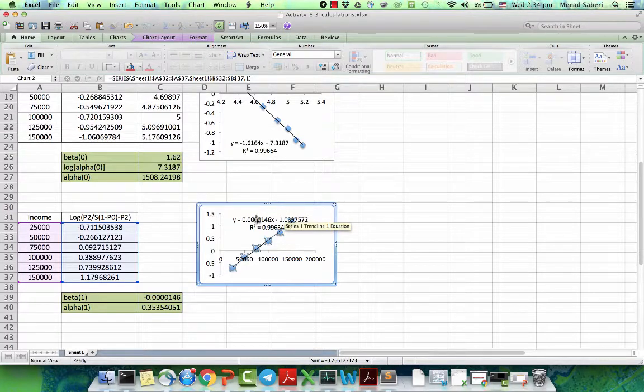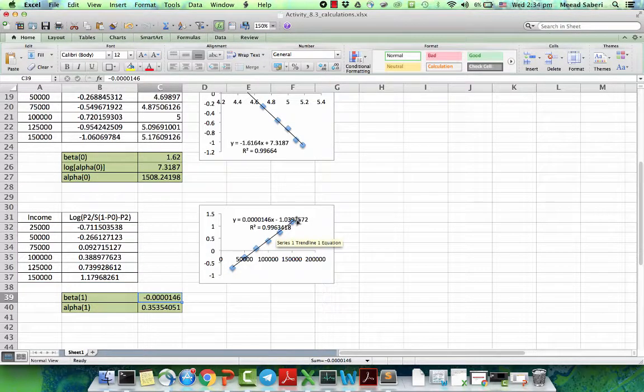And then, similar to previously, I can calculate the coefficients beta 1 and alpha 1 from this linear regression, where the coefficient behind x is my beta 1, and the constant that is estimated is the logarithm of alpha 1. If I take the exponential of it, I will end up with the actual value of alpha 1. And that's how we can actually estimate a QMB model.